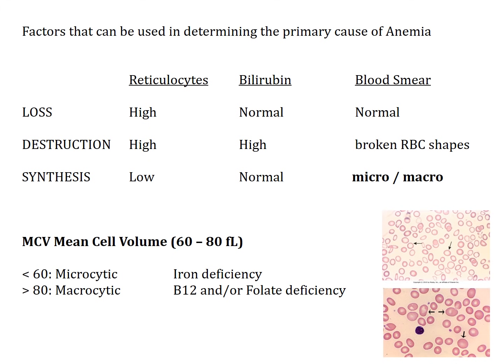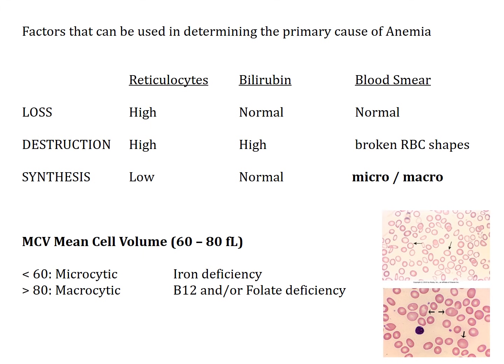And the reticulocyte count, the bilirubin level, and what the blood smear looks like are all very helpful in making that diagnosis. One other thing that you can look at is what's called the MCV, the mean cell volume, or how big or how small those red blood cells are.